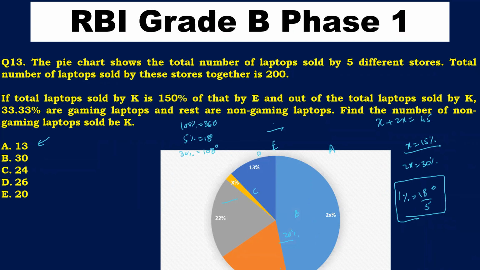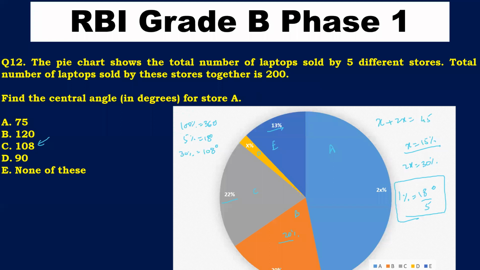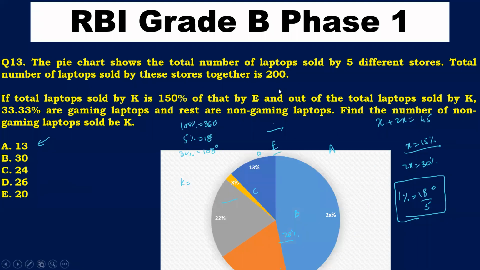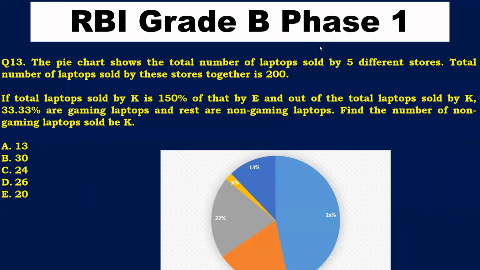Total laptops sold by K is 150% of E. So E if 13%, K will be equal to 6.5%.